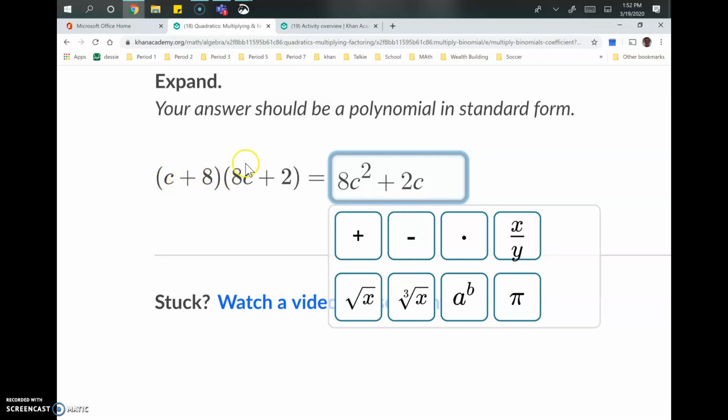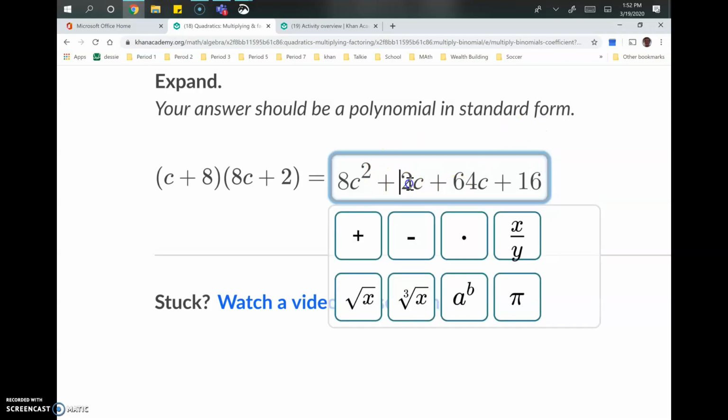Now let's multiply this 8 to this one and this one. Positive 8 times positive 8. Don't say 16. That's if you add them. You're multiplying right now. 64 times c, 64c. 8 times positive 2, don't say 10, it's 16.